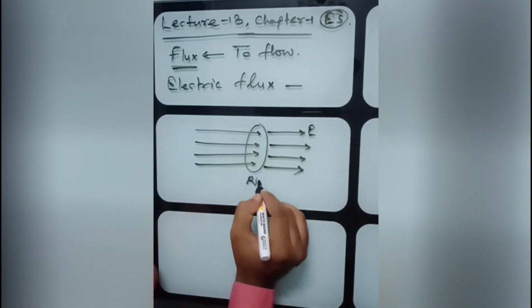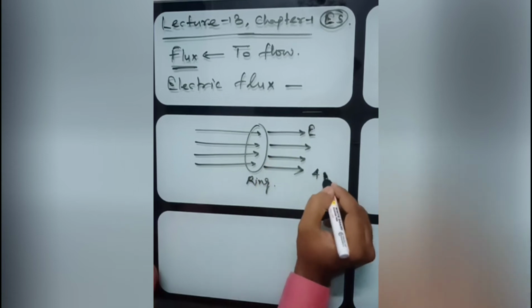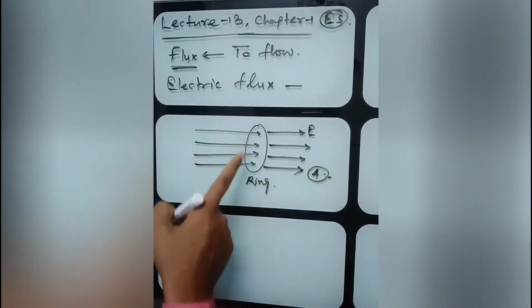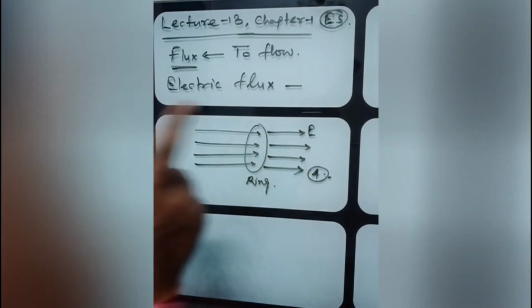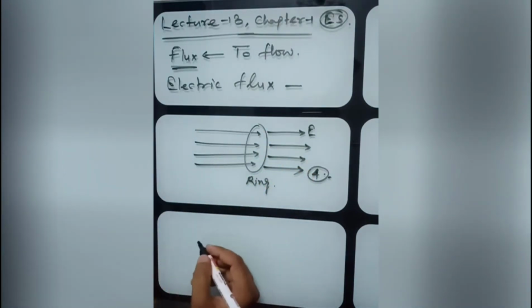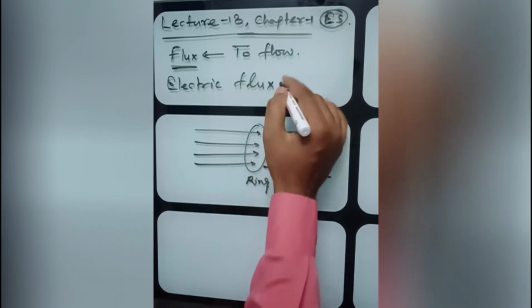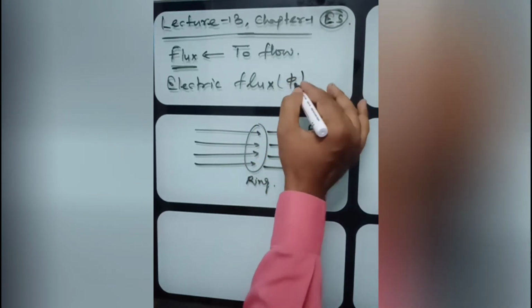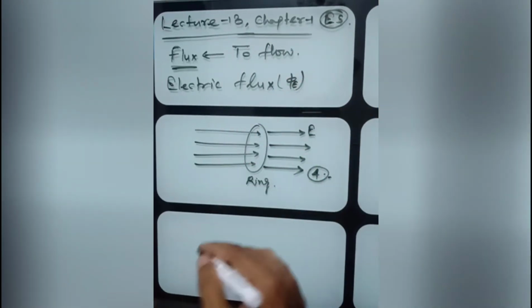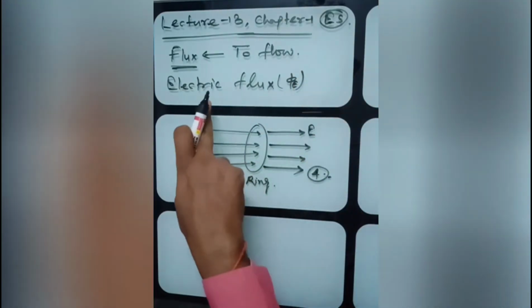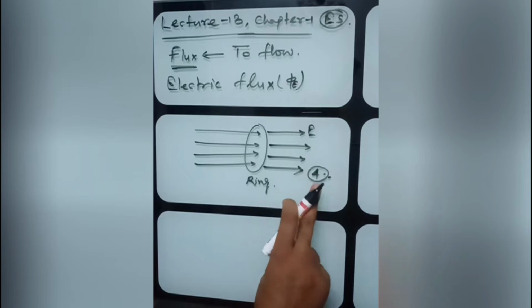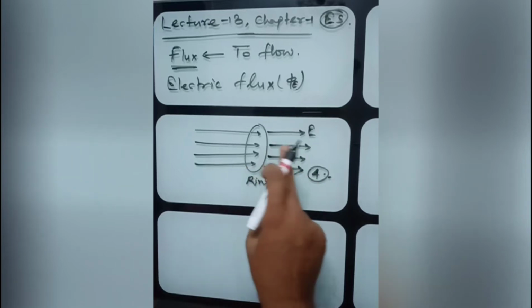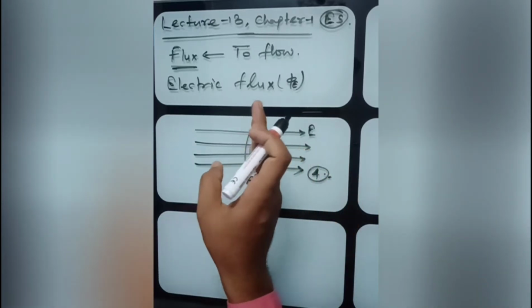This is the ring, and the number of field lines is 4. So we are able to count the number of field lines, and this counting will give you the electric flux. If this electric flux is represented by phi, for electricity we use phi E, and for magnetism phi B. So the electric flux is nothing but the counting here, 1 2 3 4. The counting of field lines will give you the electric flux.